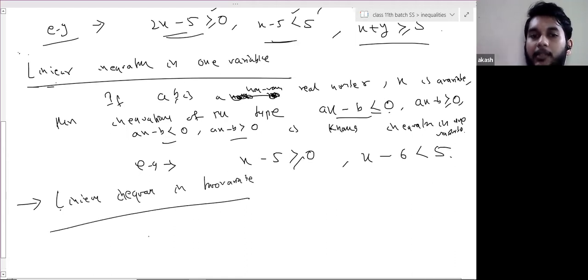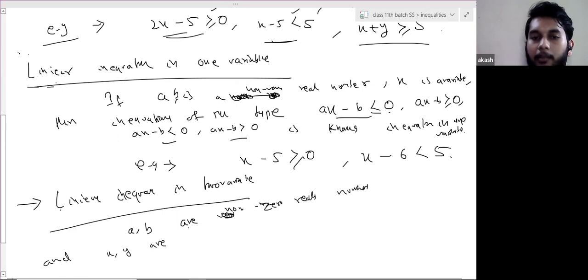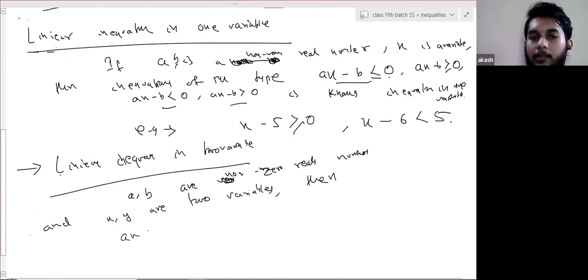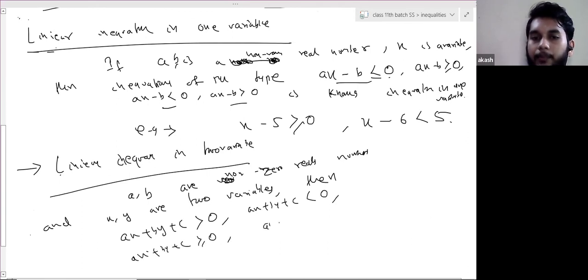If A and B are two non-zero real numbers, and X and Y are two variables, then inequations of the form Ax plus By plus C greater than 0, Ax plus By plus C less than 0, and the same for greater than or equal to, less than or equal to, are called linear inequations in two variables. All right, Fahad, this is clear?